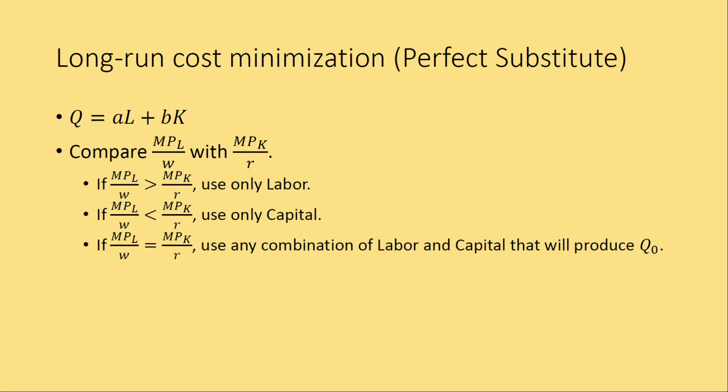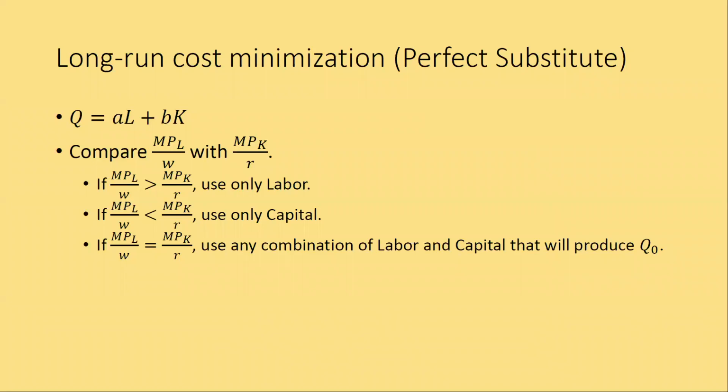So to summarize, when we have perfect substitutes, we are going to make a comparison between those two expressions. And here I rearranged the expressions a little bit, so that we are comparing the MPL divided by W and MPK divided by R. And this has a similar interpretation as what we had in the consumer theory.